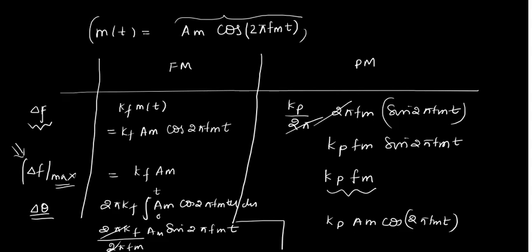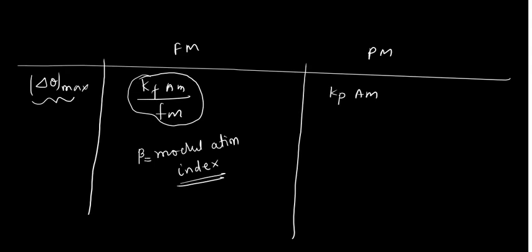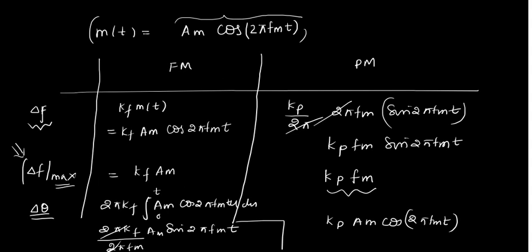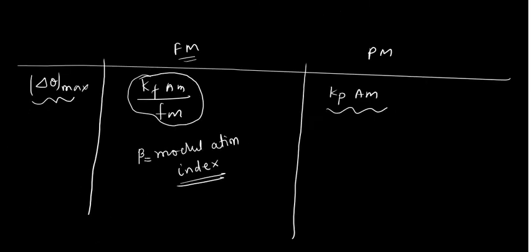So, this thing you should remember. The value of modulation index is kf Am by fm for frequency modulation, and it is kp Am for the PM. So, you can also write your delta F max in terms of your modulation index, right.